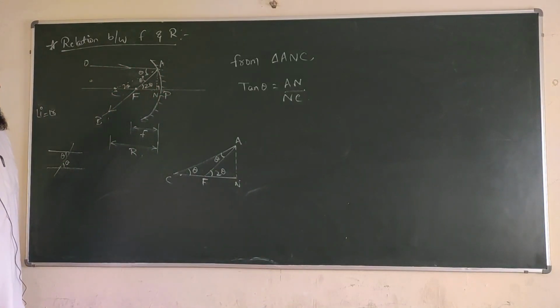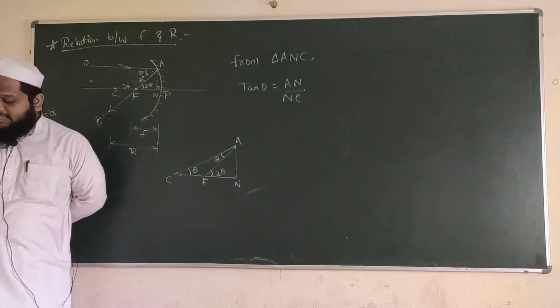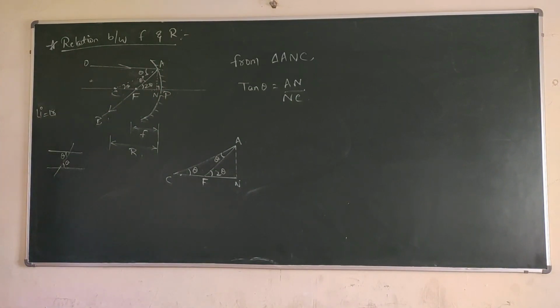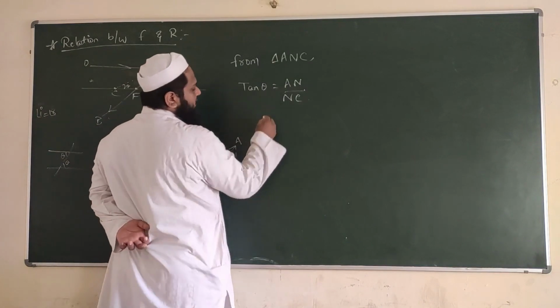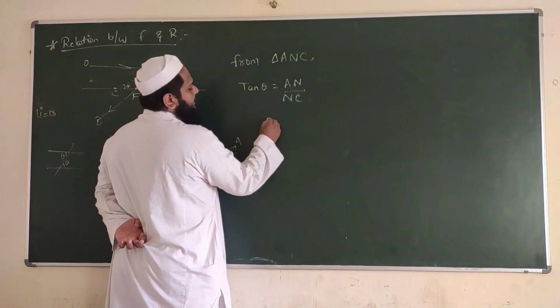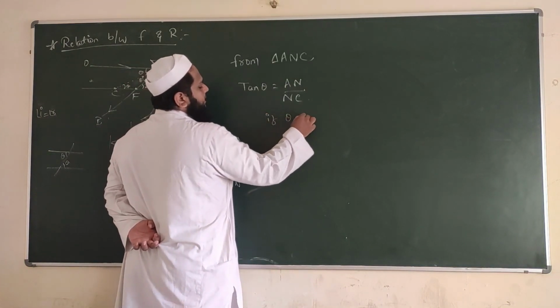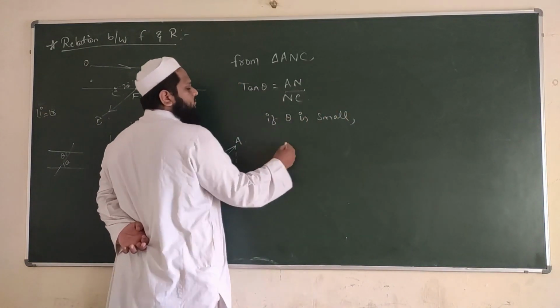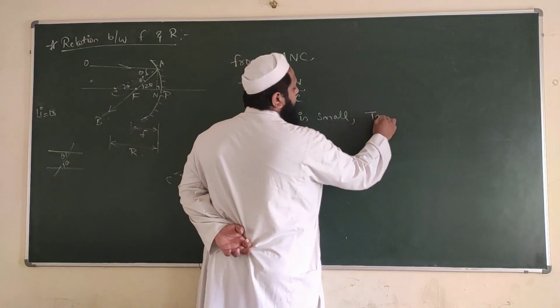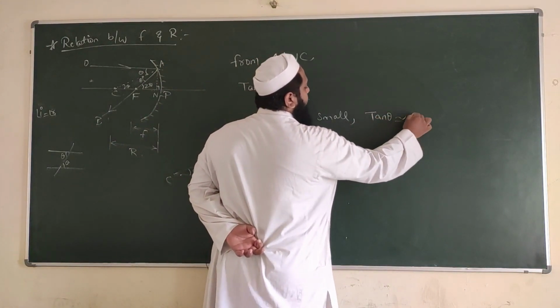Opposite is AN, adjacent is NC. Good enough. Now look at this step. If theta is small, I can write tan theta approximated to theta.